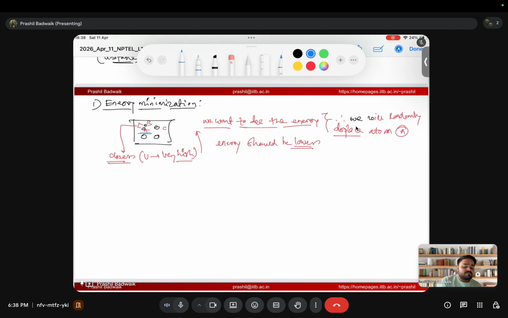So we have to shift A such that the energy should be minimum. So we have to find out that distance, right? That is being taken care of by the algorithm called the steepest descent algorithm.